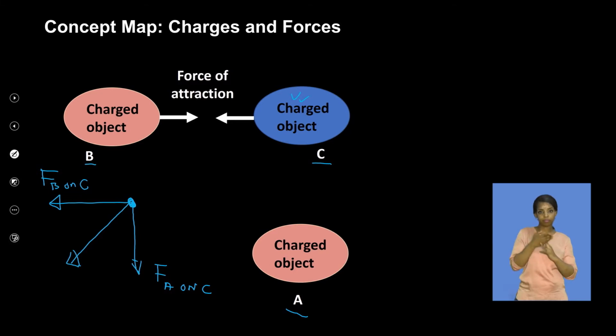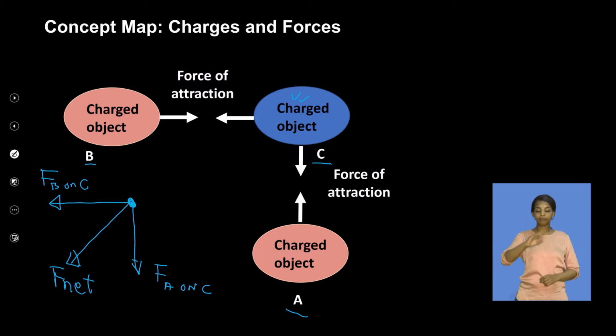So this is our F resultant, or our F net. So these are the charges and forces as they exist in nature. So there is an attraction force, we've already looked at that, and that's the direction of the net force.